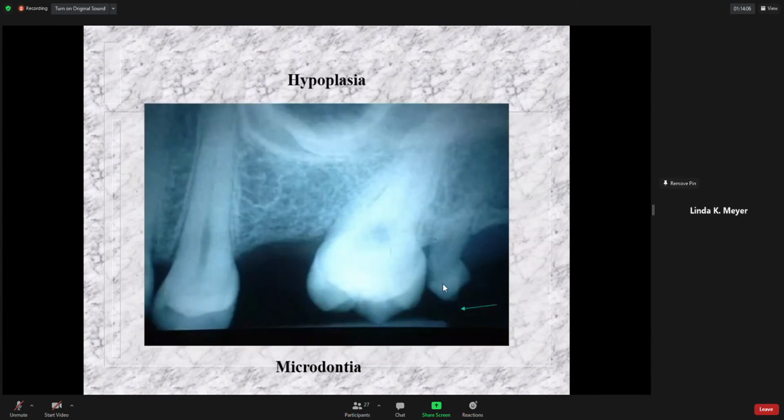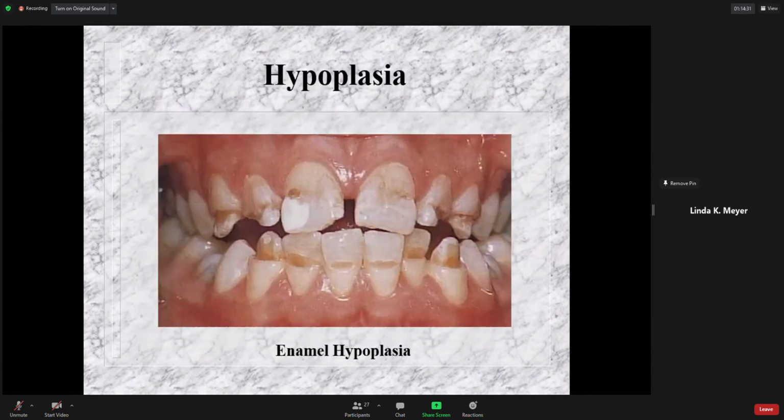Here's hypoplasia at the tooth level. Here's a third molar present, but it's not its normal size. It's classified as a microdont tooth. A peg lateral would fall under that as well. And then again, hypoplasia at the tissue level. Here's an underdevelopment of the enamel.